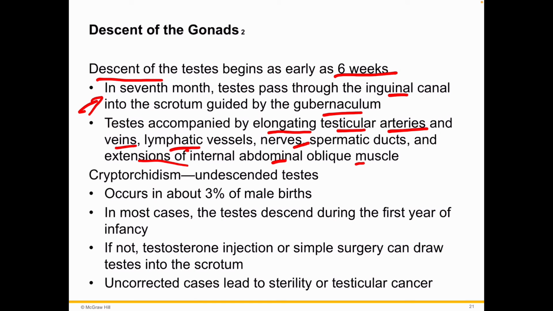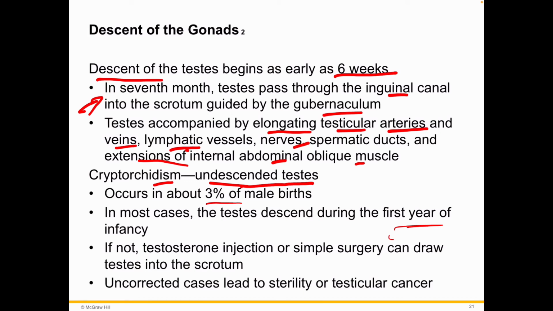Cryptorchidism is the condition of undescended testes, right? It's often checked for in younger babies, very young toddlers. About 3% of male births are affected, though it doesn't persist all the way. After about the first year, most of it resolves on its own, so it's not usually that big a deal. However, it is a monitored condition by pediatricians.